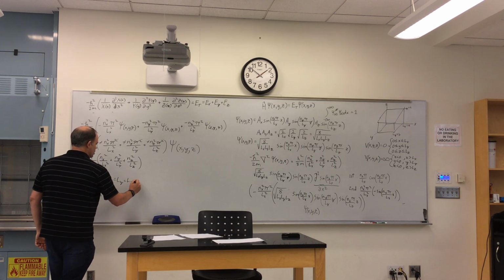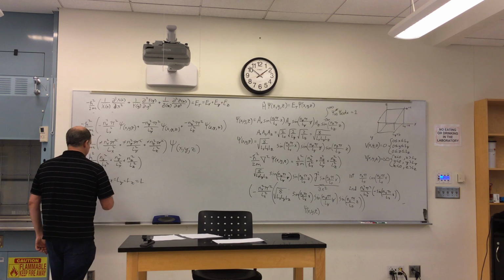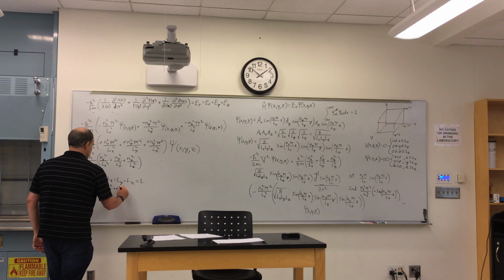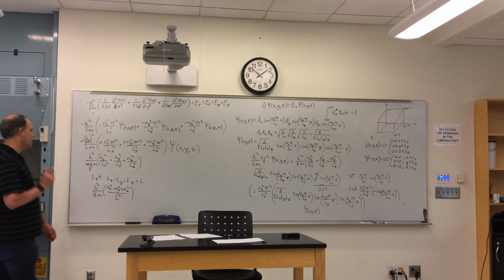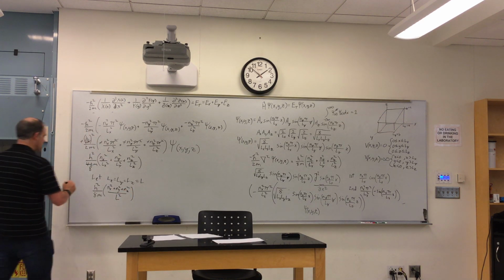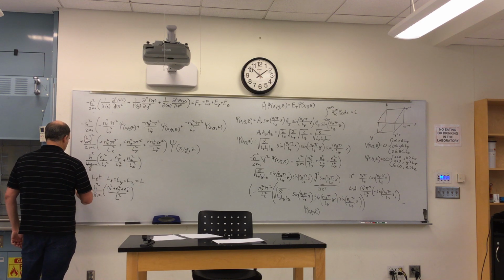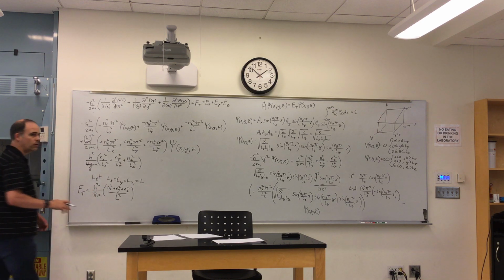We're just going to call this L: nx squared plus ny squared plus nz squared, all over L squared. Okay, so this is our total energy.